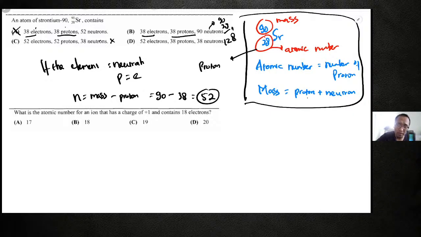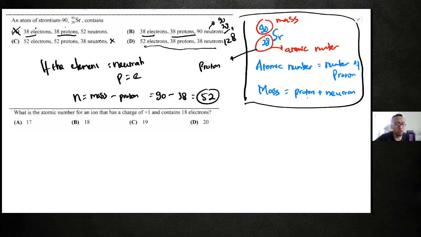This one is incorrect, and it doesn't make any sense. So the answer is A. It's very easy to determine with this equation.